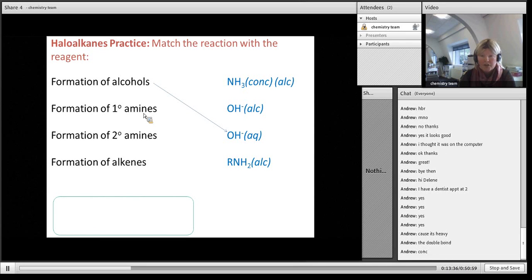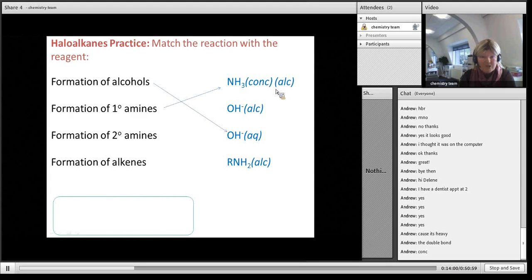The conc NH3. So all of them are fairly concentrated. In the standard, it talks about conc NH3. I've added the alcoholic because it is alcoholic conditions, and I have noticed last year's paper they spoke about alcoholic. So it's good to know it is either alcoholic ammonia or concentrated ammonia.